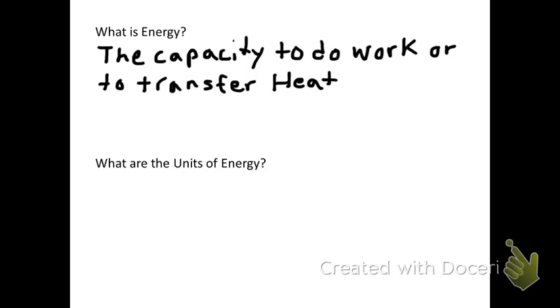There are two types of energy that you need to be familiar with. Most of you already know these. One is kinetic energy, and kinetic energy is the energy of motion, or when an object is in motion, it has kinetic energy.